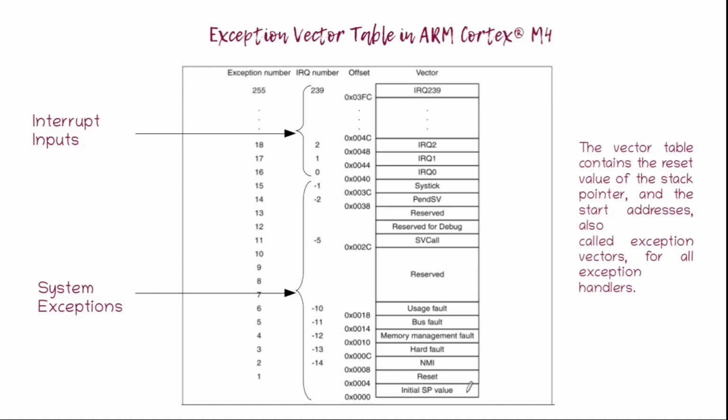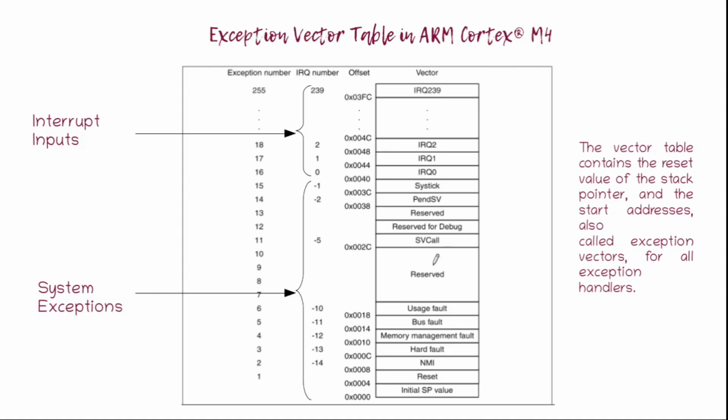One distinguishing factor in the case of Cortex M4 is whatever you see here, hard fault, memory management fault, bus fault, and all these IRQs, interrupt requests and peripheral interrupts, and so on. If you have worked on other microcontrollers, generally these are jump instructions in assembly.